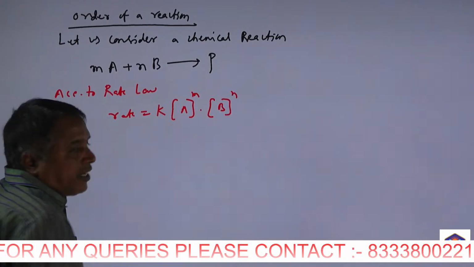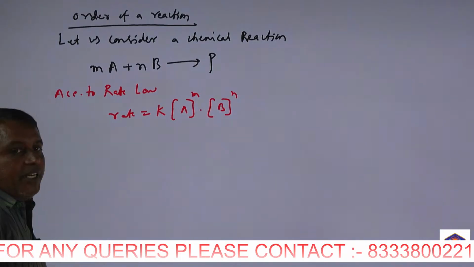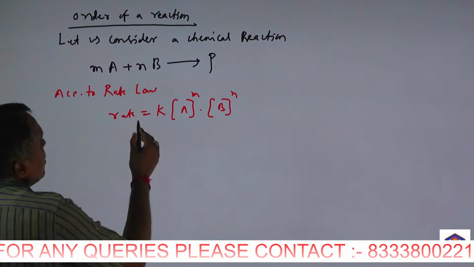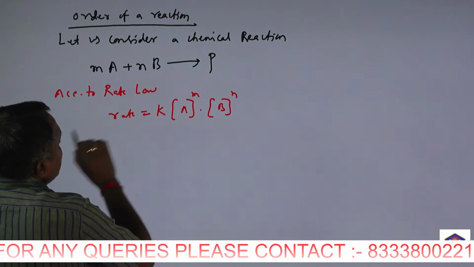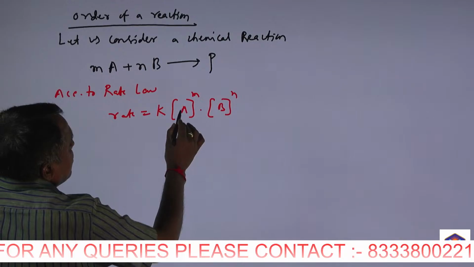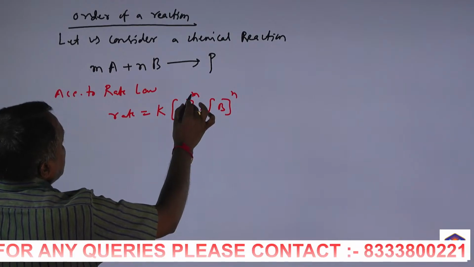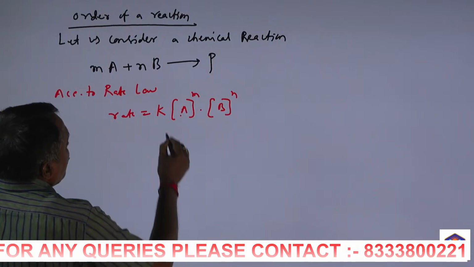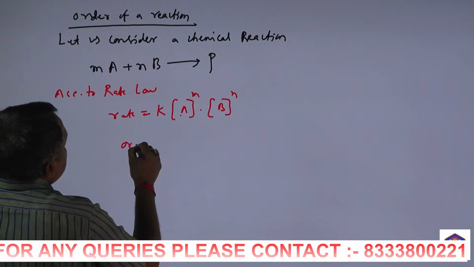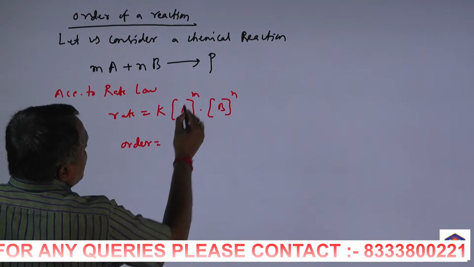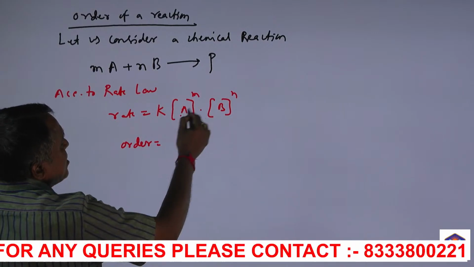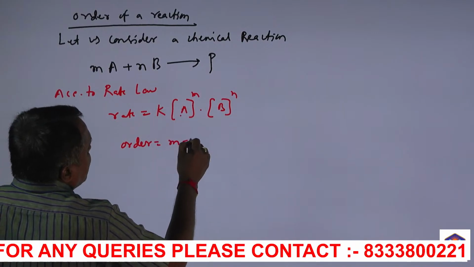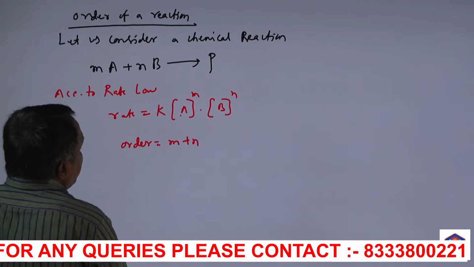This is the rate law for mA plus nB gives product P. Here k is the rate constant, [A] is the concentration of A, [B] is the concentration of B, m is the power raised to A, and n is the power raised to B. So the order of this reaction is equal to the sum of powers of concentrations of reactants, m plus n. This is the order of a reaction.